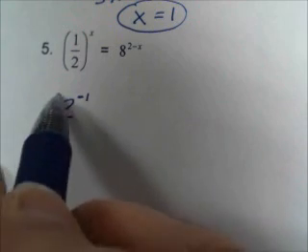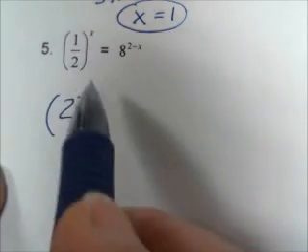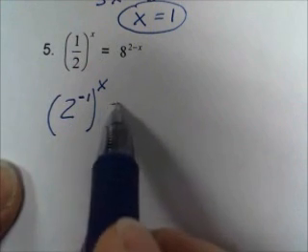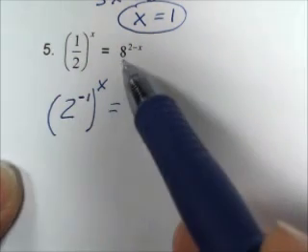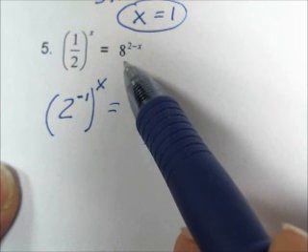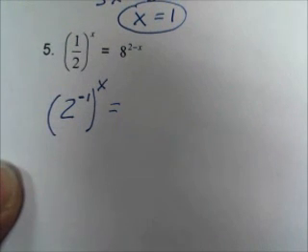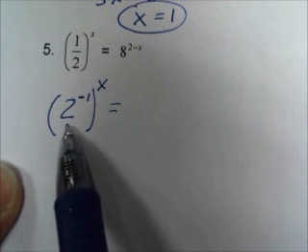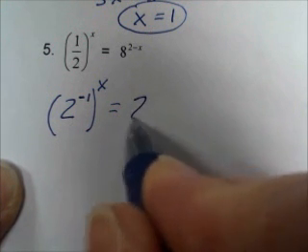Okay. Let me copy my exponent x. Now take 8 and express it using a smaller base. 8 can be expressed as, use the same base we used here, 2, 2 to the 3rd.